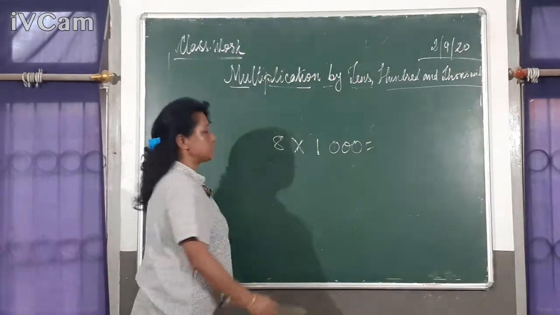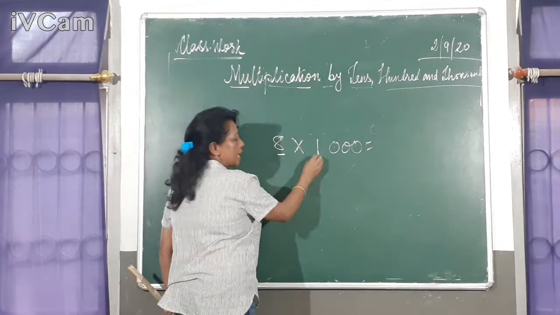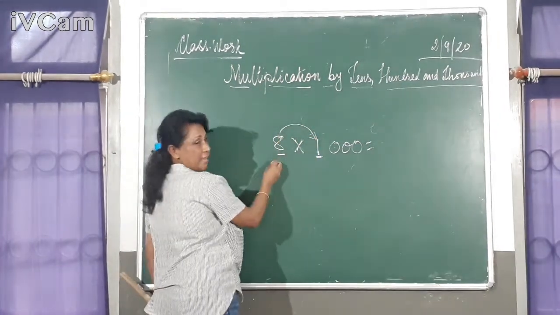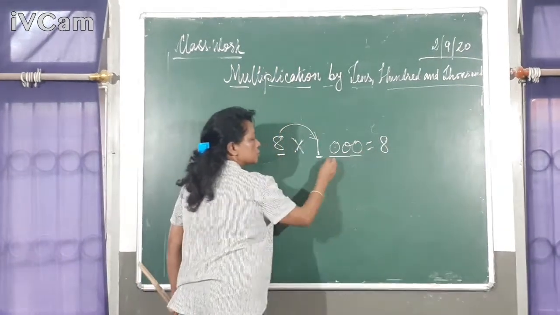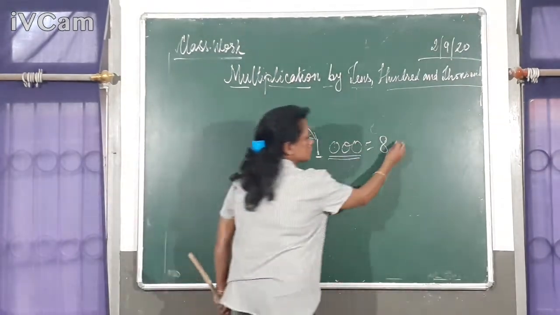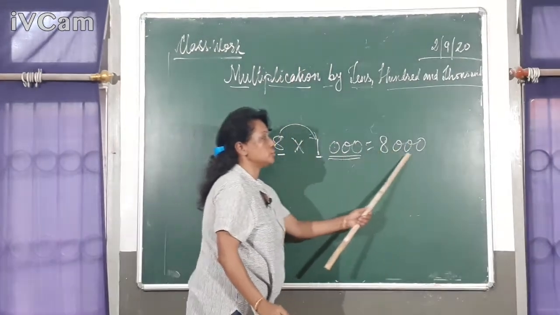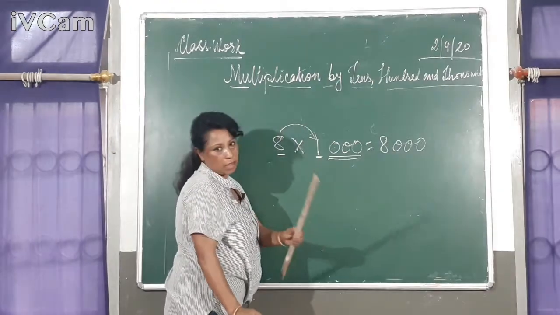But see, it becomes very easy. Now what you can do is look at the numbers only. 8 and here is 1. So 8 ones, or 1 eight, is 8. And after that, how many zeros are there? 3 zeros. You just add these 3 zeros here. Just write it. So it becomes 8,000.